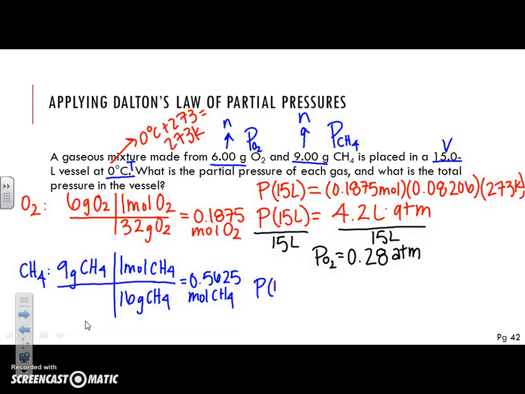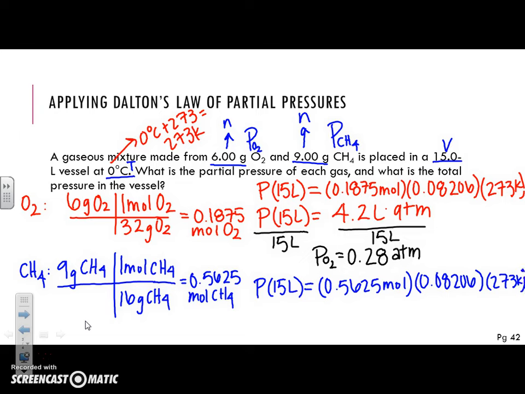Now we can solve the ideal gas law once again. We'll set it up with pressure, the same volume as the oxygen, the moles for the methane, our gas constant R, and our temperature 273 Kelvin.